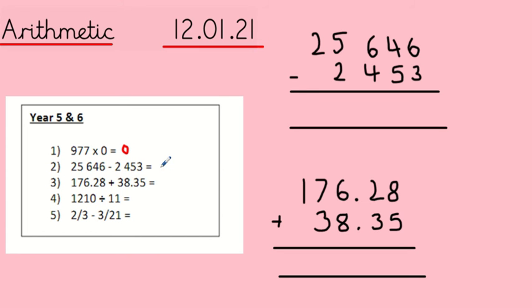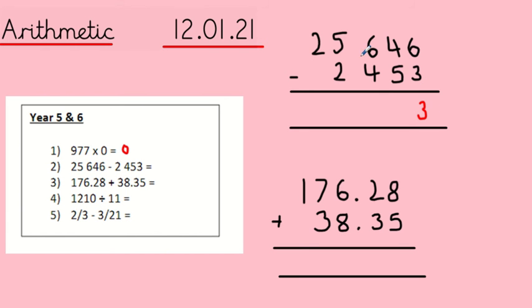For the second question, I'm assuming most of you probably did a formal column method. Let's have a quick look together. So I made sure I put my biggest number at the top, and I've lined up all the digits correctly. All the thousands are in line with each other, hundreds, tens and ones. 6 take away 3 is 3. 4 subtract 5.